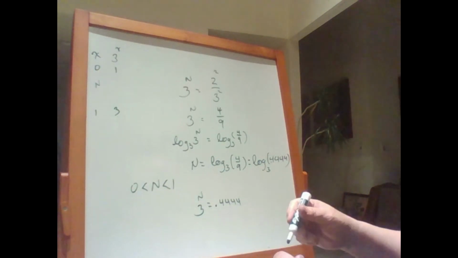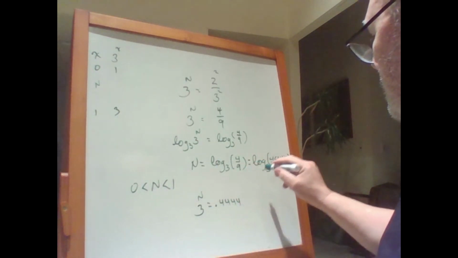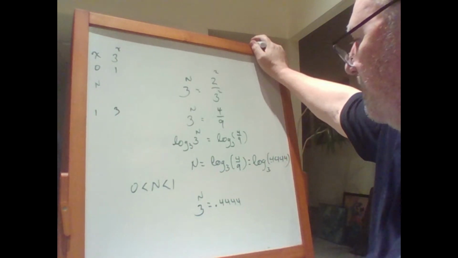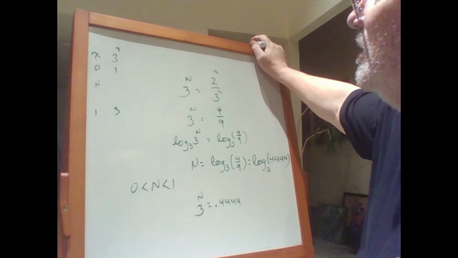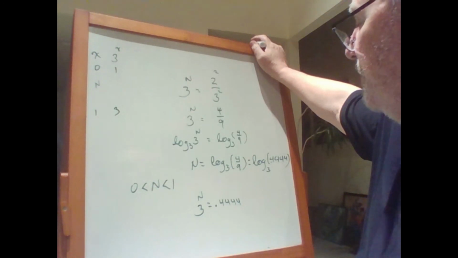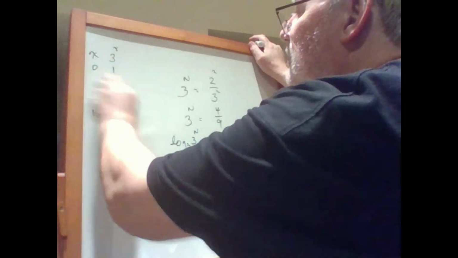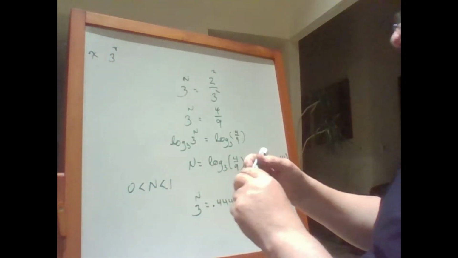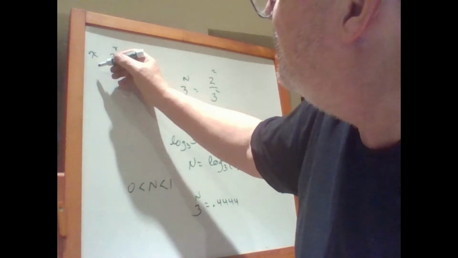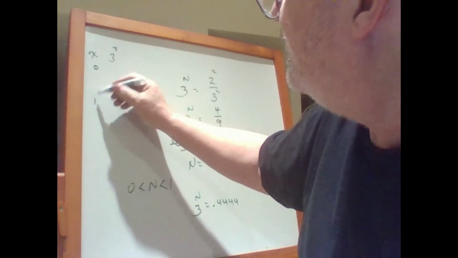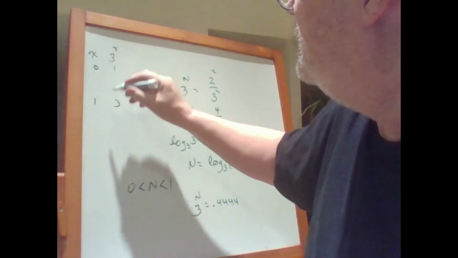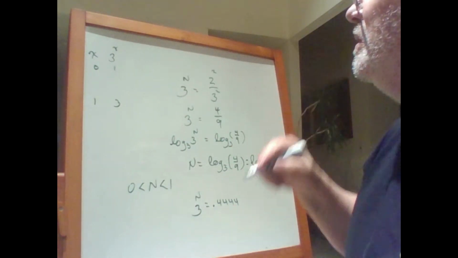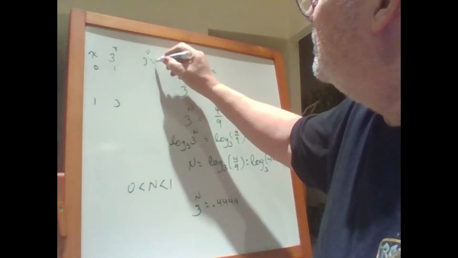Let's see, 3 to the n is 0.4444. So we need a small number, something between 0 and 1, and 3 to the 0 equals 1.